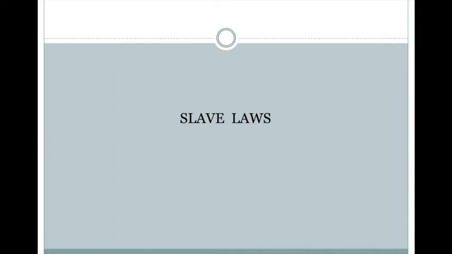Let me give you an example of how much slaves were considered property. There was a trial of a female slave by the name of Celia. Celia was charged with murder and sentenced to die, but she was pregnant and her execution was delayed until she gave birth, so as to not deny the master's right to property.